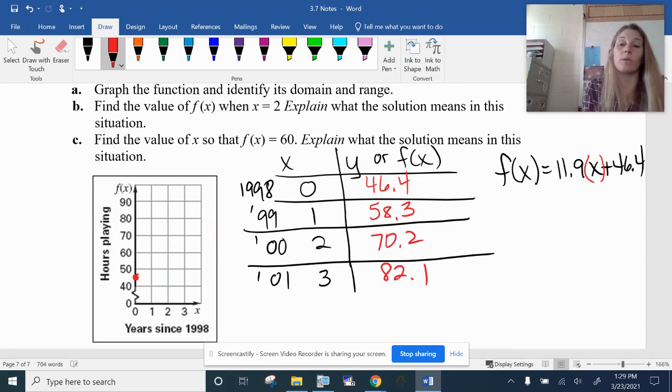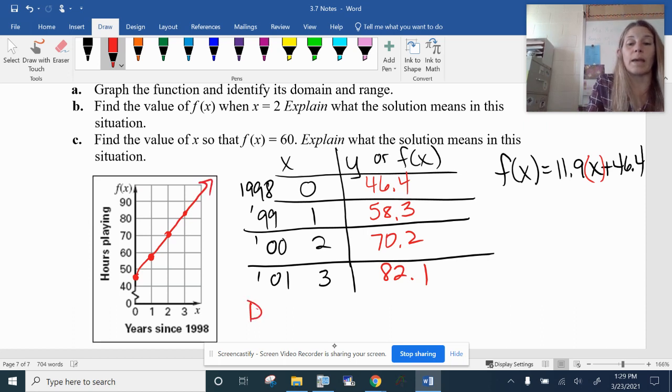All right, so those would be those values there. So if we're going to graph it, I have the 0, 46.4, then I'm going to go 1 and 58.3, then 2 and 70.2, and then 3 and 82. So you can kind of get an idea.